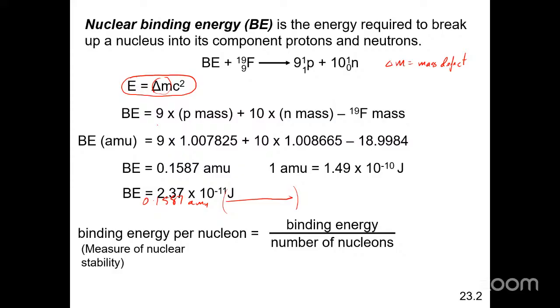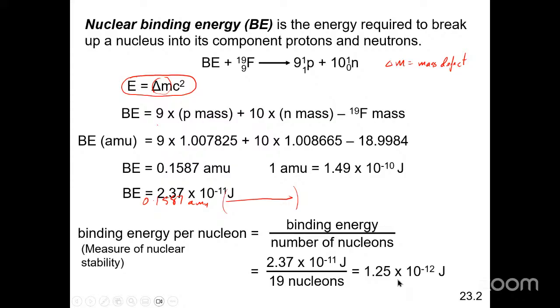So if you want to find out the binding energy per nucleon, you take the binding energy that you calculated here and divide it by the total number of nucleons. In this case, you divide the 2.37 times 10 to the minus 11 joules by the total number of nucleons, which is 19, and that will give you the binding energy per nucleon. In fact, the missing unit here would be per nucleon.